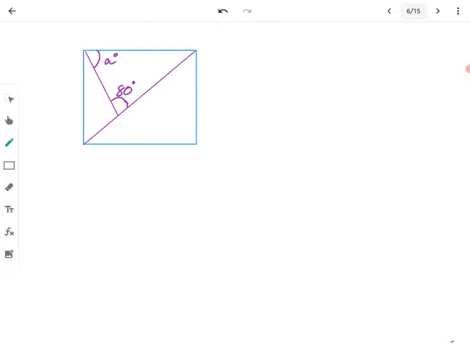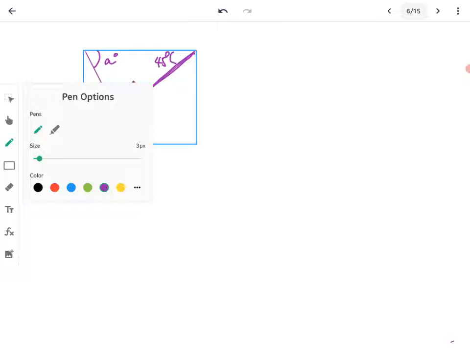We have here, this one is a diagonal. This one is a diagonal. That gives us 45. So notice, by just recognizing that that is a diagonal and it bisects the 90 degrees with 45, it gives you already angles in a triangle.